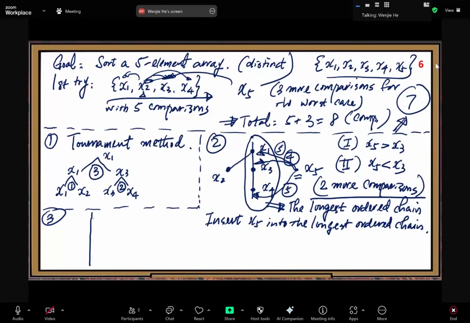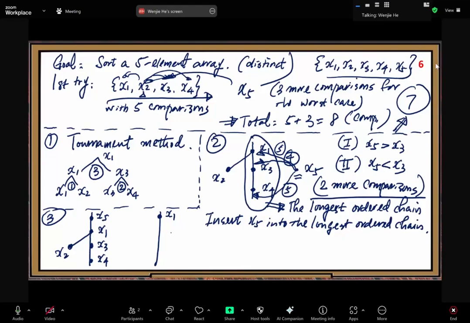In the first case, x5 is at the top, then x1, x3, and x4, and x2 is here. In the second case, x1 is at the top, but the following 3 elements could be in different orders.